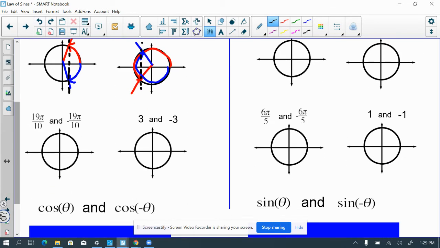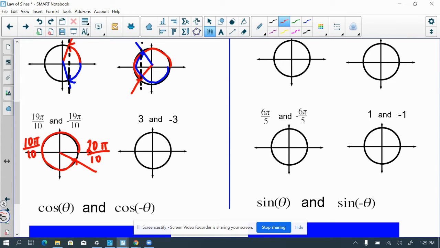What about radians? Where in the circle is 19 pi over 10? Well, that's pi, right? In other words, it's 10 pi over 10. And if I go all the way around, that would be 20 pi over 10. But I don't want to go all the way around. I just want to go to 19 pi over 10. So that's 1 pi over 10 away.